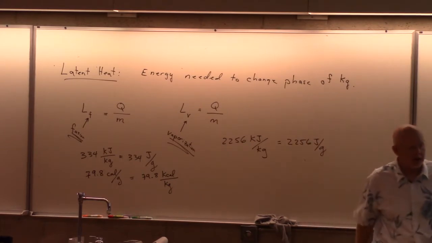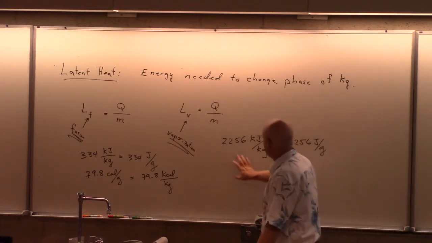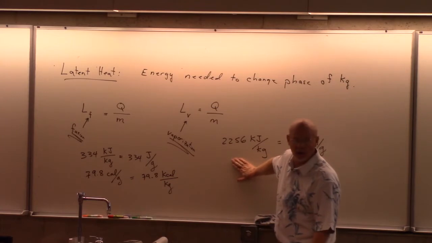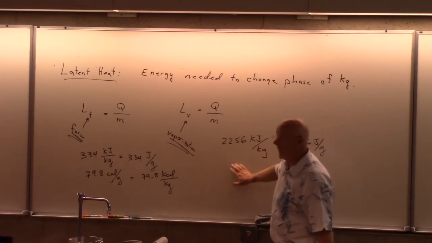Or we could do it in calories, but I'll let you look that up if needed. Now, here's what I'm getting at. This energy is a lot to change from a liquid to a vapor, into a gas.